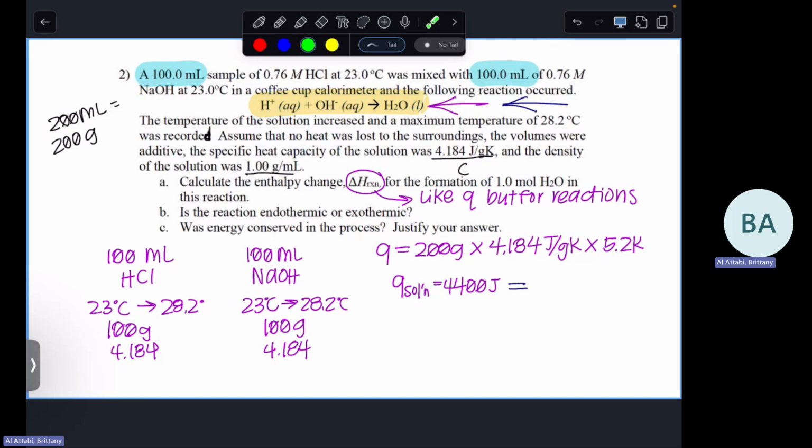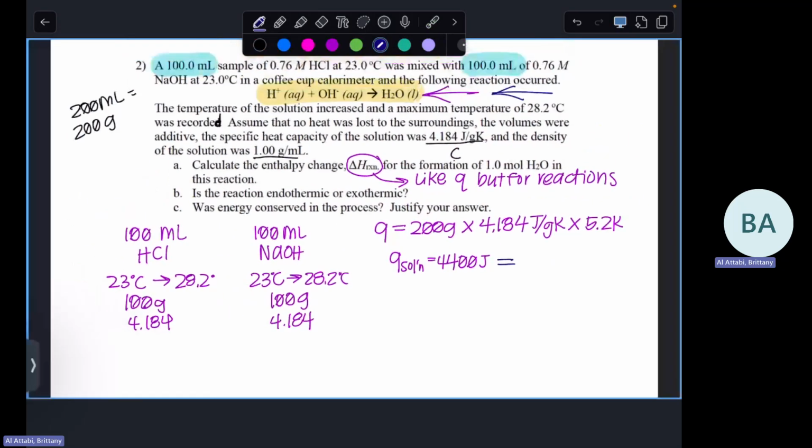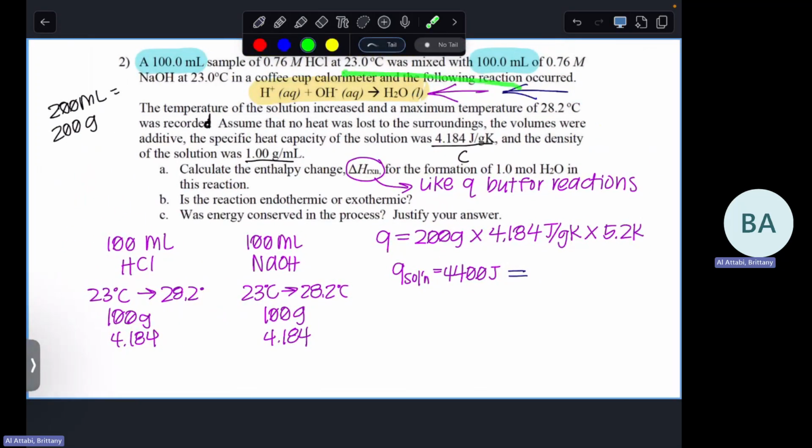Anybody? I said, so the solution gained 4,400 joules of energy. Where did it come from? So I'm going to do what I did again. Where did it come from?